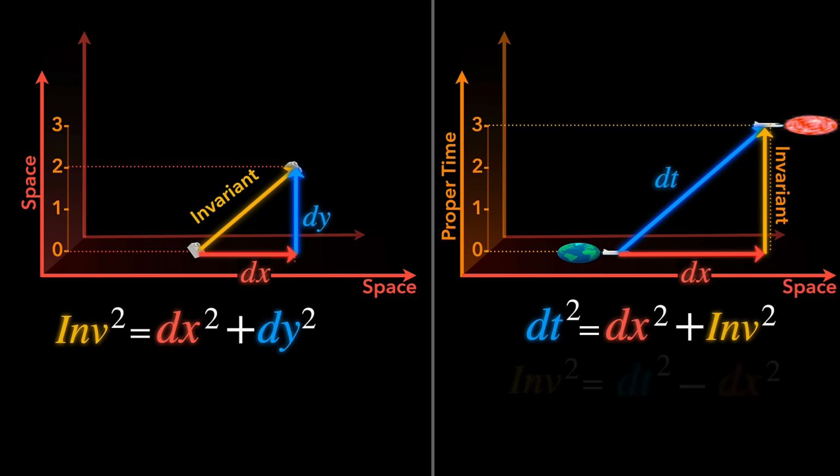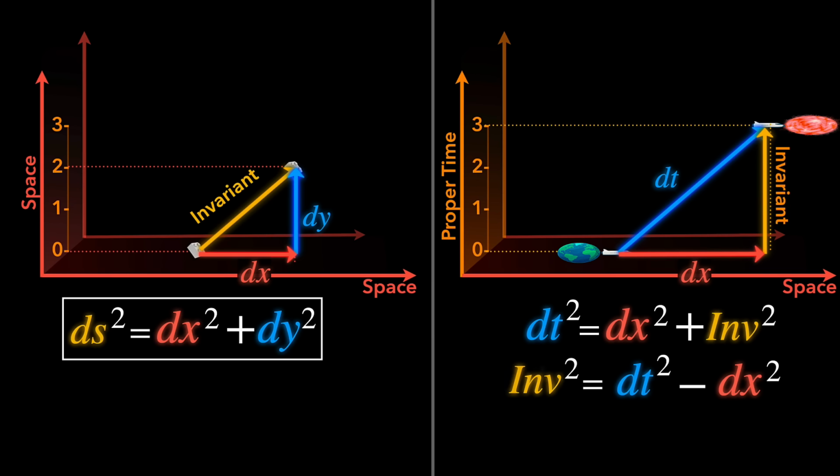But it ends with a minus sign in space-time. And since these invariant quantities are real distances, in normal space, the distance formula has a plus sign, and in space-time, the distance formula ends up with a minus sign. That's where it comes from. Here, the distance is just the proper time.